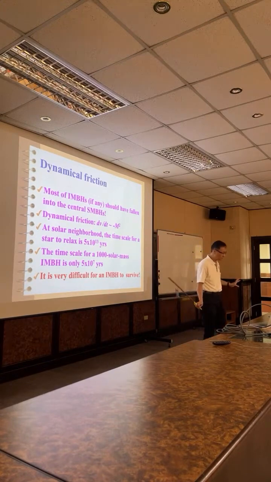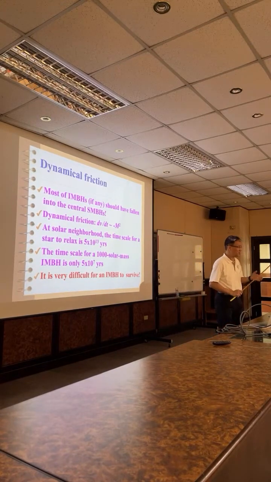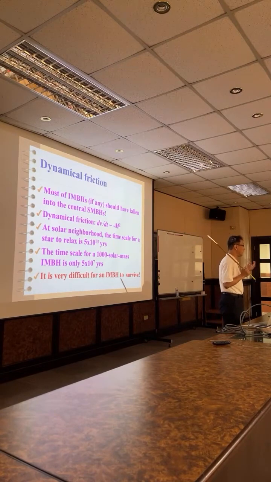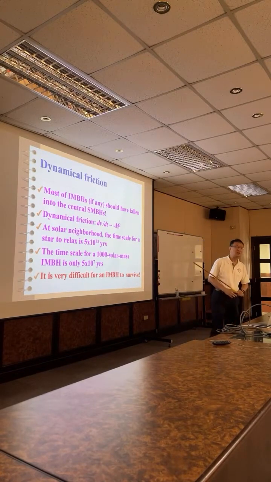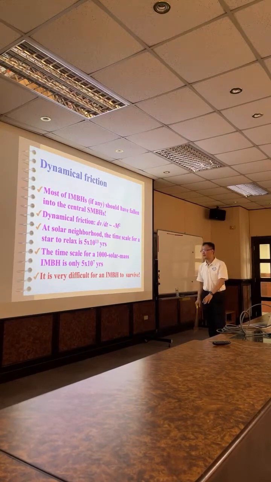So that's why we argue that in a galaxy, like our solar neighborhood, our sun is not relaxed yet, because it takes much longer than the age of the universe.